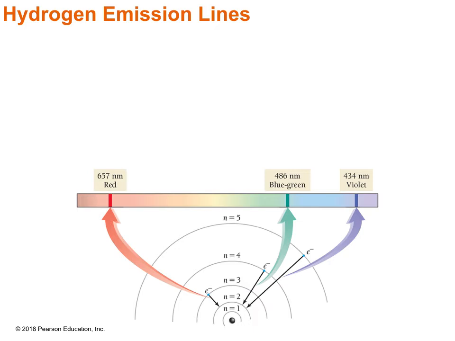And again, we can do that because we know how wavelength and energy are related. We know that they're inversely proportional. So red, this one is 657 nanometer light, that has a lower energy than the violet at 434 nanometers.